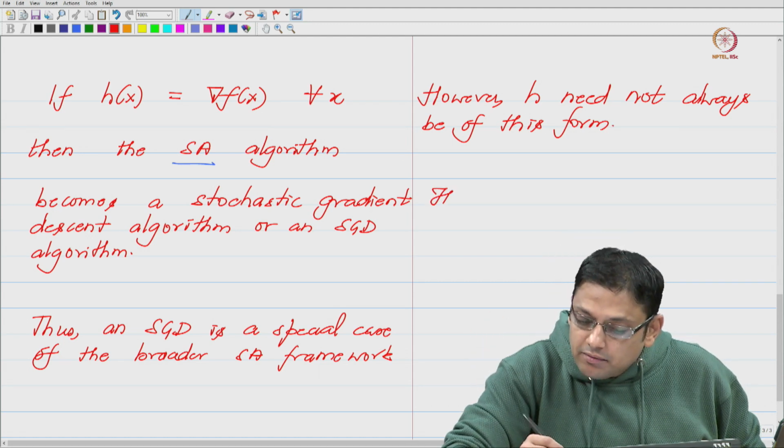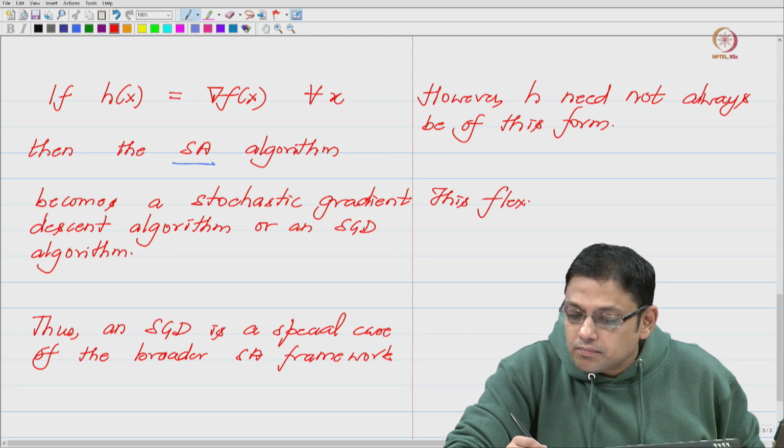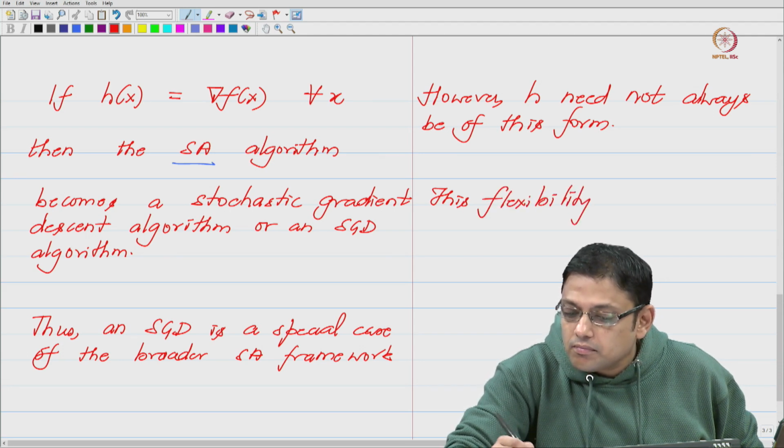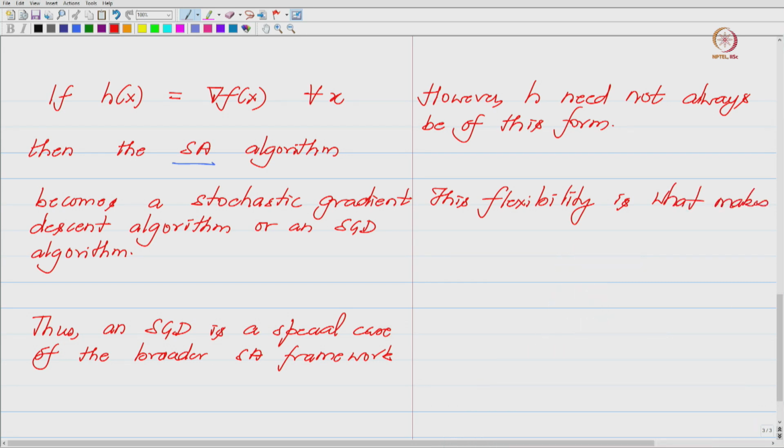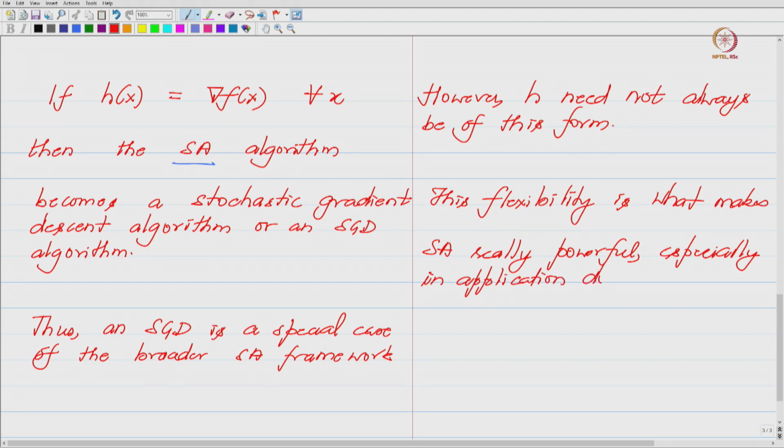This flexibility is what makes stochastic approximation really powerful, especially in application domains such as reinforcement learning.